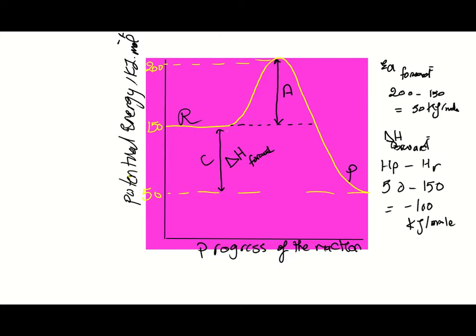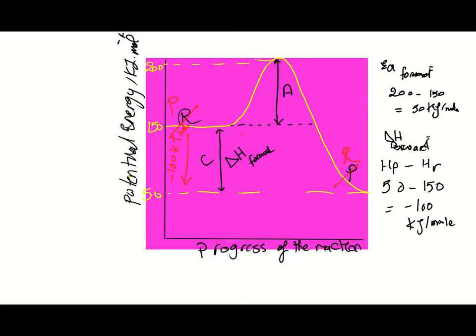If you reverse the reaction, some reactions are reversible. Once the products are formed, they will again break to form the reactants once more. So you're going to replace the product with reactant and reactant with product. Where is the delta H? Delta H doesn't change. Delta H in the forward reaction goes in this direction, and it has a value, as we have just said, of minus 100 kilojoule per mole.